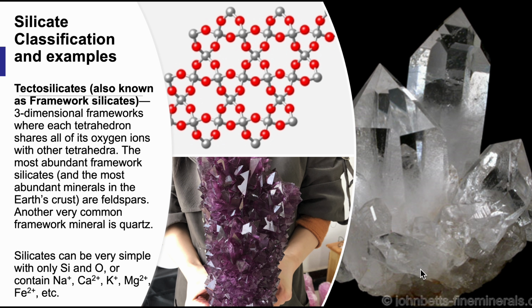These silicates can be very simple with only silicon and oxygen, or you can sprinkle in some sodium, calcium, potassium, magnesium, iron, etc. We saw in the case of amethyst, a tiny amount of iron can produce a dramatic change in the appearance of the mineral. The basic chemistry is very much the same in the purple variety versus the clear variety. Again, it's just a tiny amount of iron that gets emplaced by radiation.